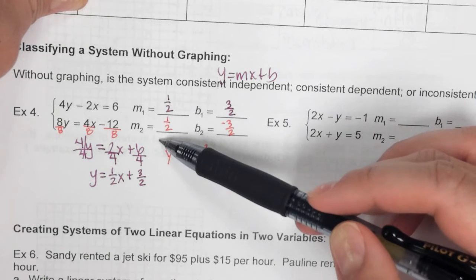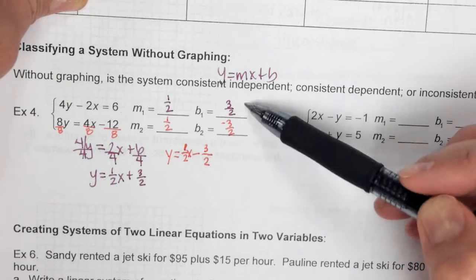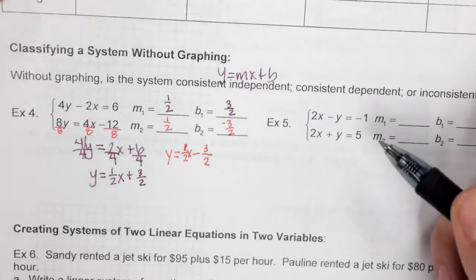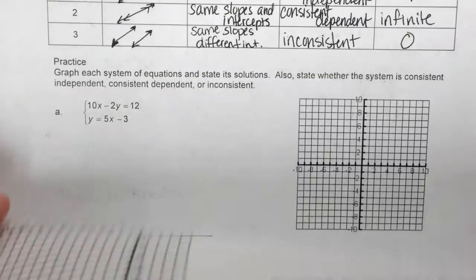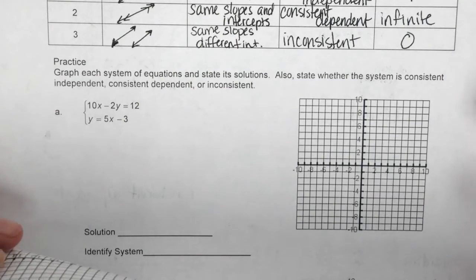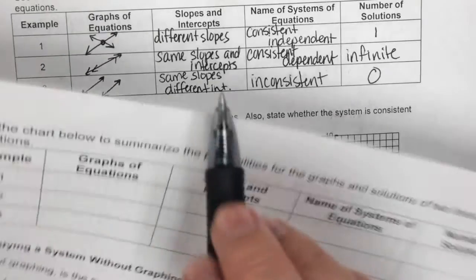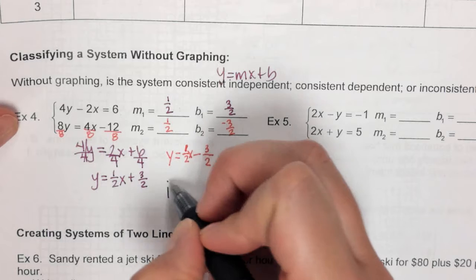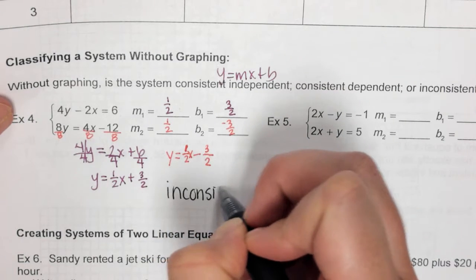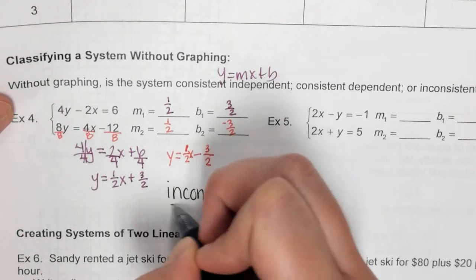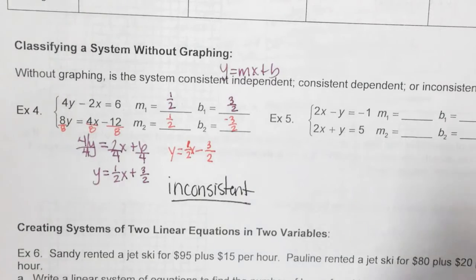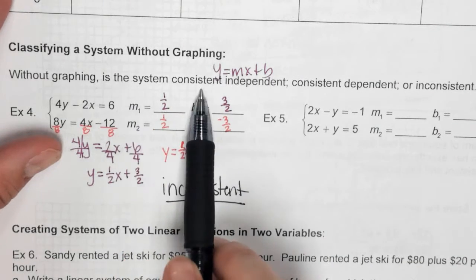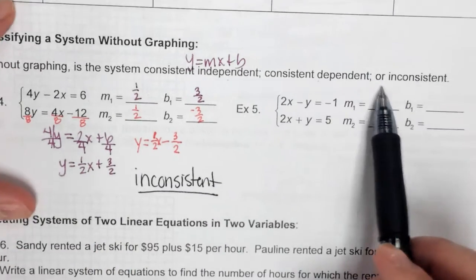Same slope, not the same y-intercept. So this one would be inconsistent, right? Same slopes, different y-intercepts. That's what I have. So this one would be inconsistent. Okay? That's what it wanted us to do, right? Without graphing, is the system consistent independent, consistent dependent, or inconsistent?